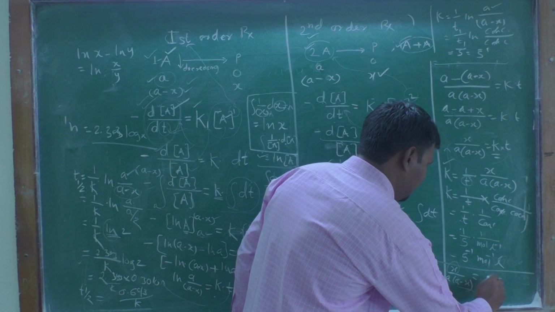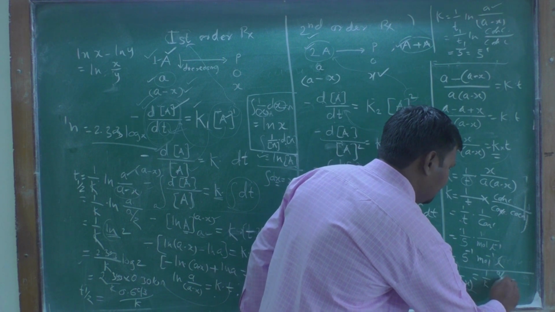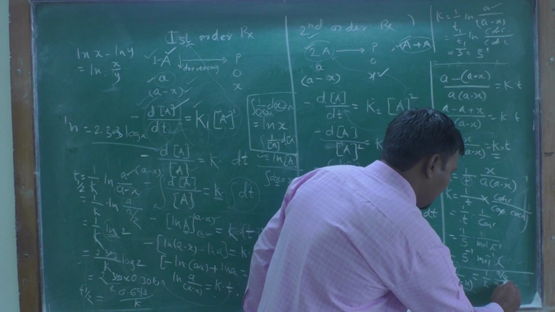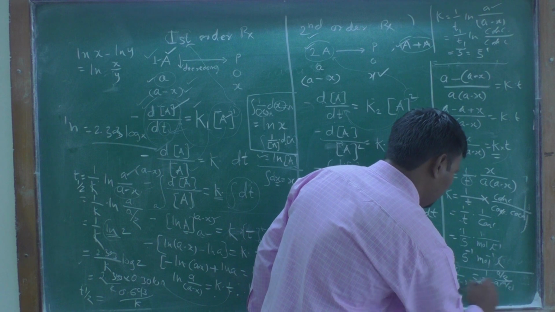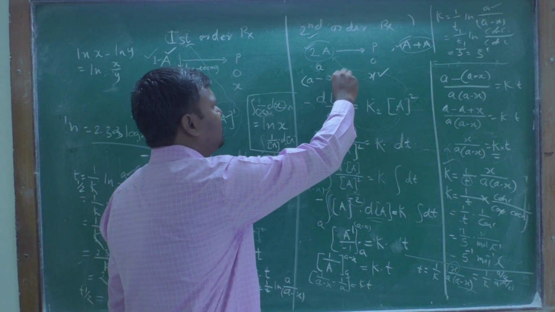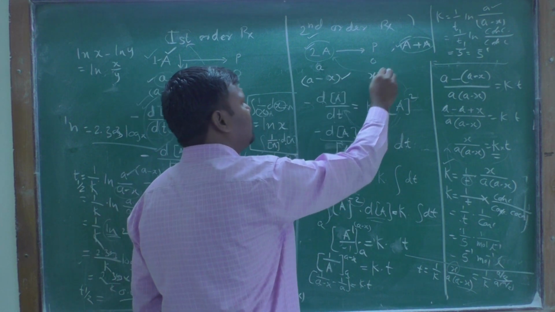Therefore we can write 1 upon k, this x is replaced by a by 2 and this a is as it is, and this a minus x is replaced by a by 2, because this quantity should be half.